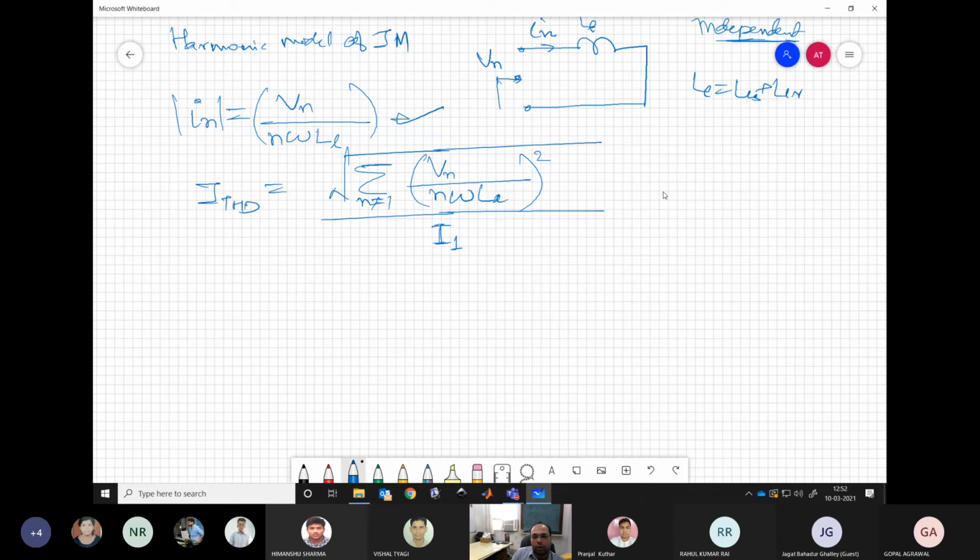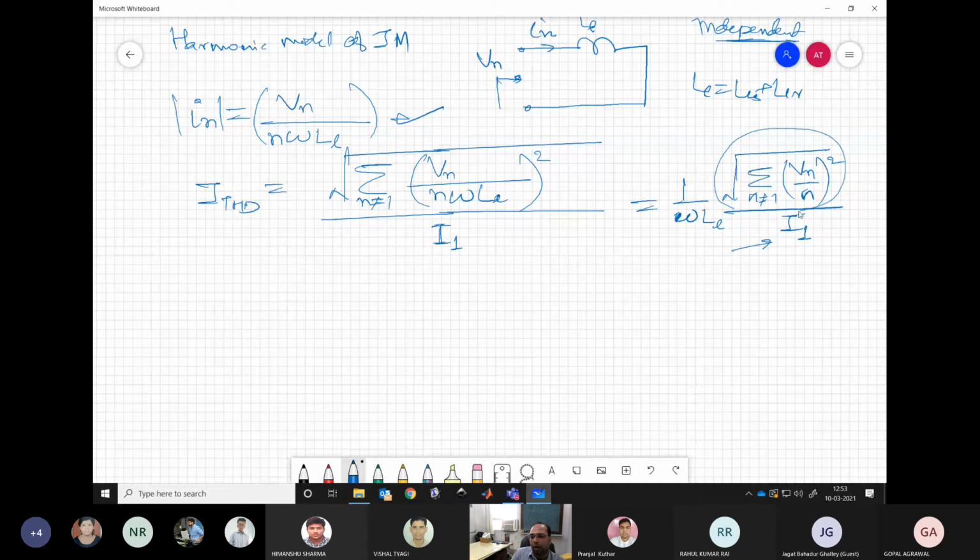Now we can take out omega LL. Still there is some dependency on load because of I1, but the other part, the Vn by n, is independent of load. So whatever load you have, this value will be a direct measure of how good your PWM technique is, irrespective of any load.